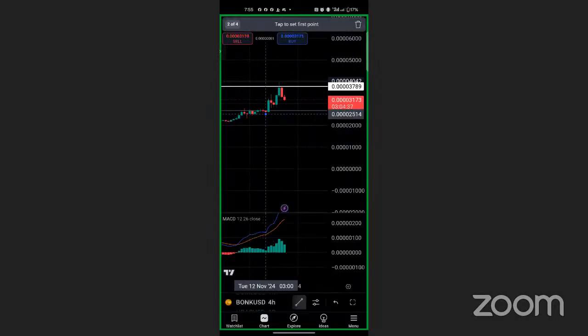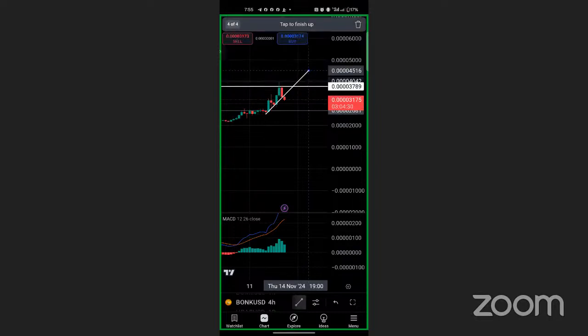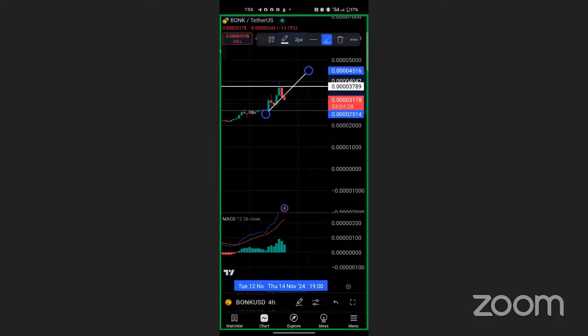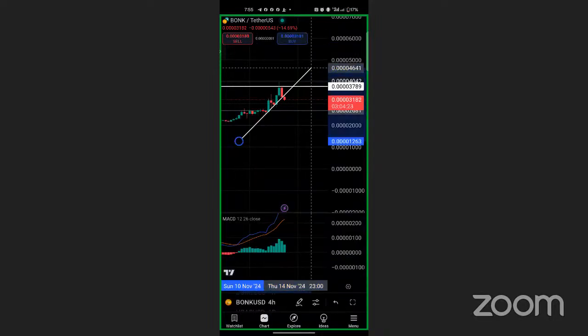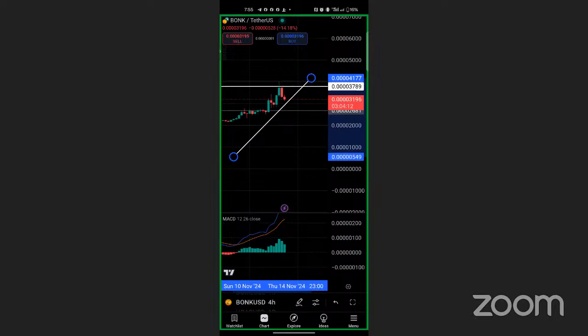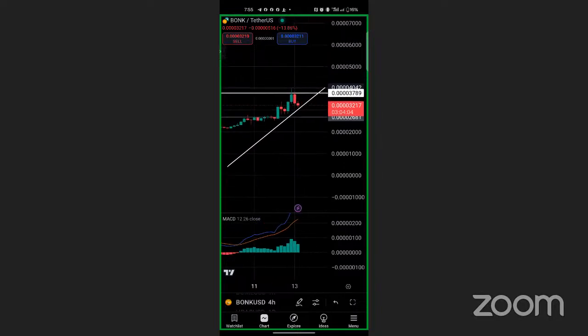I'm just giving an example. And let me say, we draw our trend line. But this one is not good enough. I need to find a better coin. But let me say we draw a trend line here.